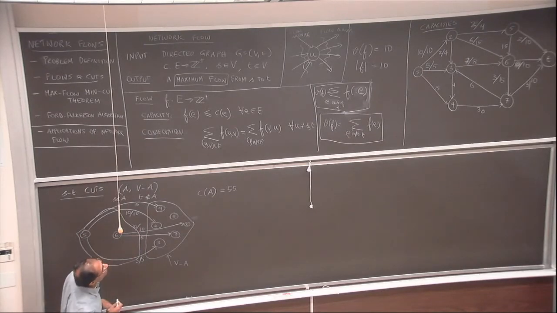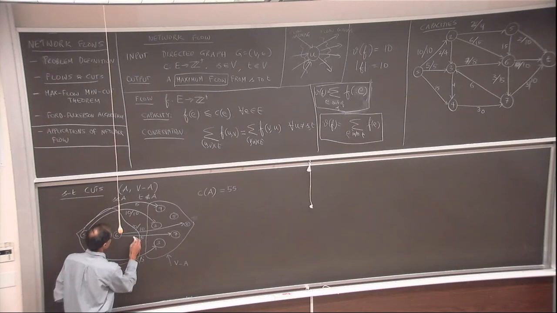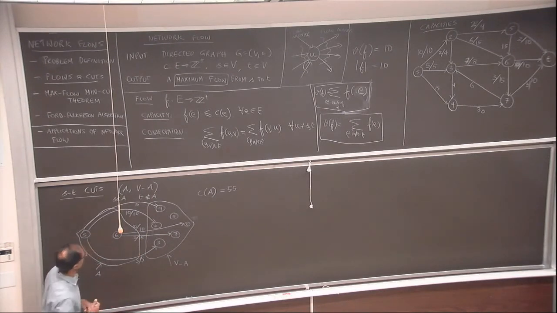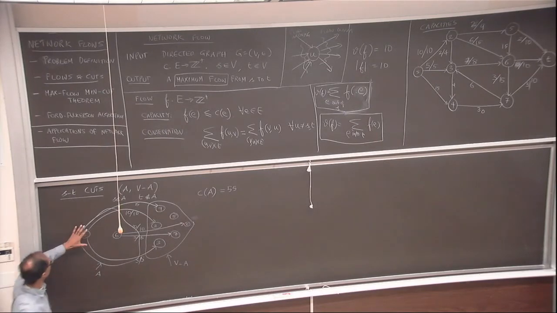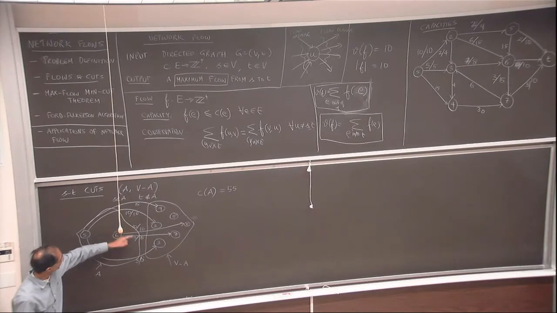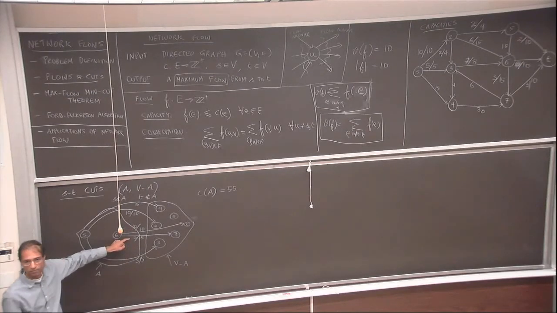From 6 to 7 you have 3. So how much flow is going from this side to that side? If you follow this, it's 10 plus 10, 20, plus 5 plus 3, 28.